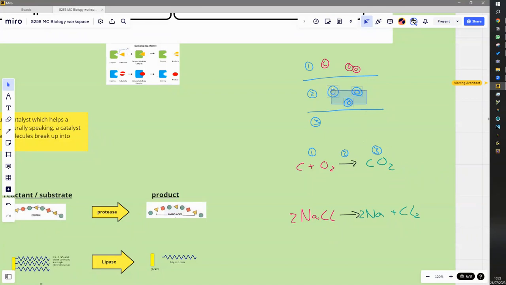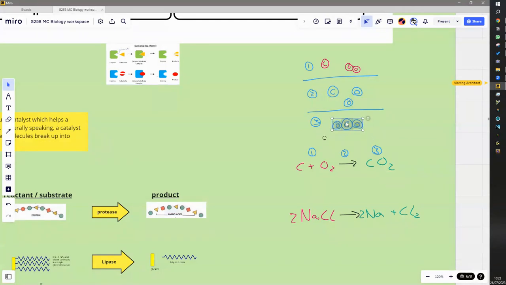So I'll copy that down here, and I'll show you kind of what's going on there. If we group that and that and that, then they form something new.